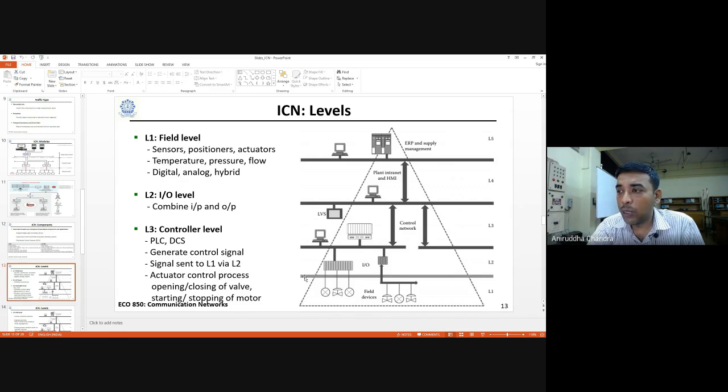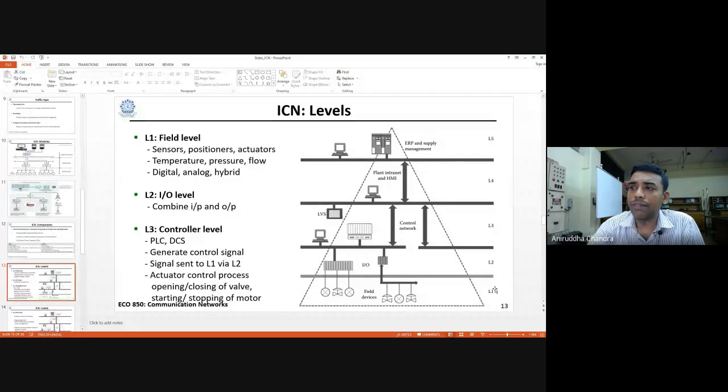Now, there is an L2 level, which is the IO level, which combines such things. You can have different sensors, but we can combine the data from similar kinds of sensors through a common field bus or so. That is the IO level, which we have as the L2 level.